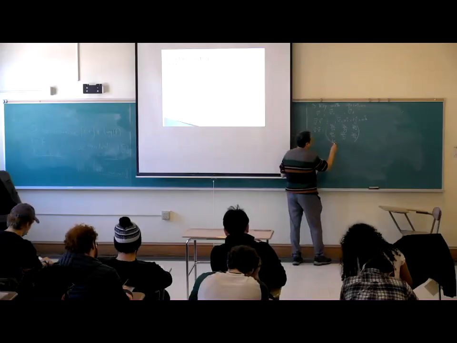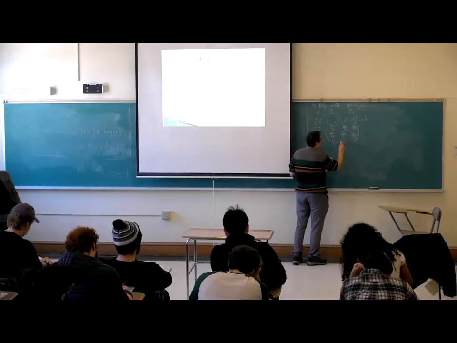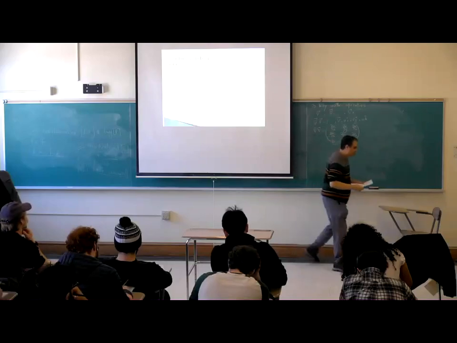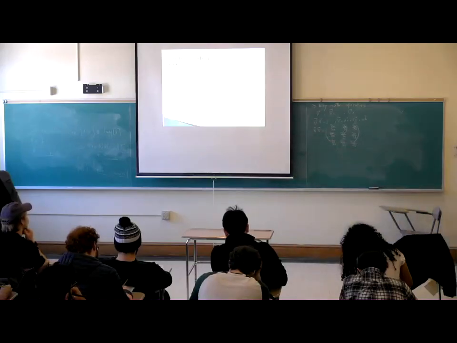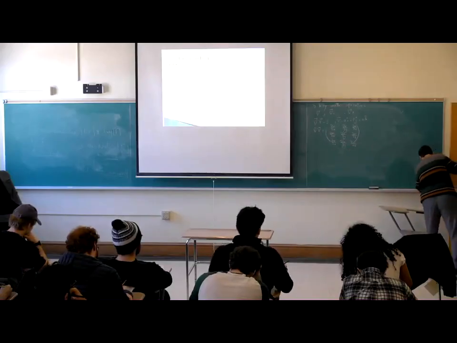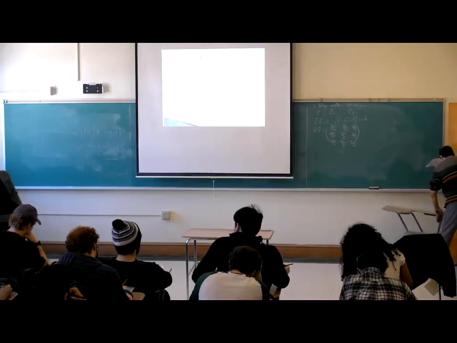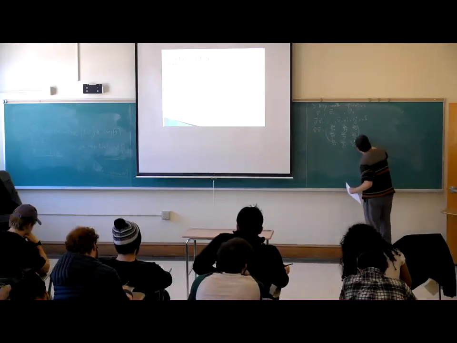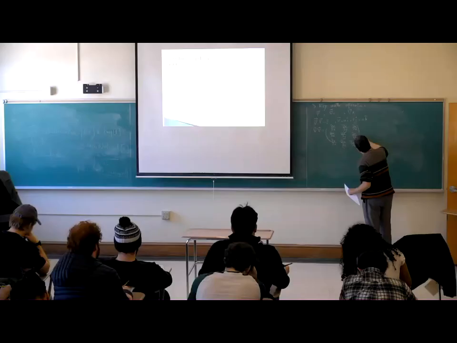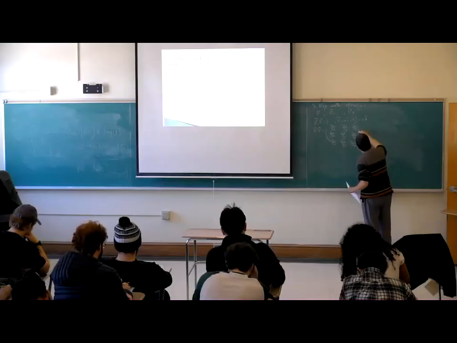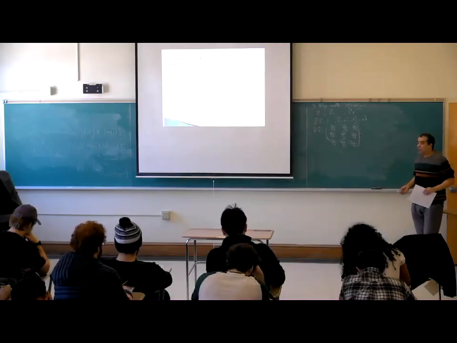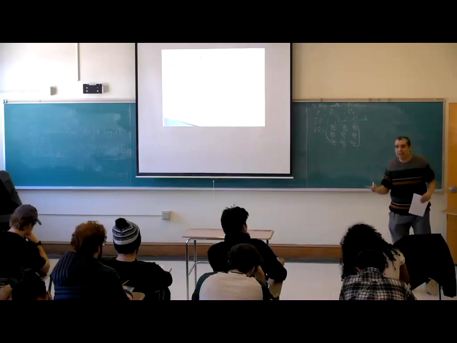Partial w partial x, partial w partial y, partial w partial z. This is gradient of V. So gradient of a vector is a tensor.